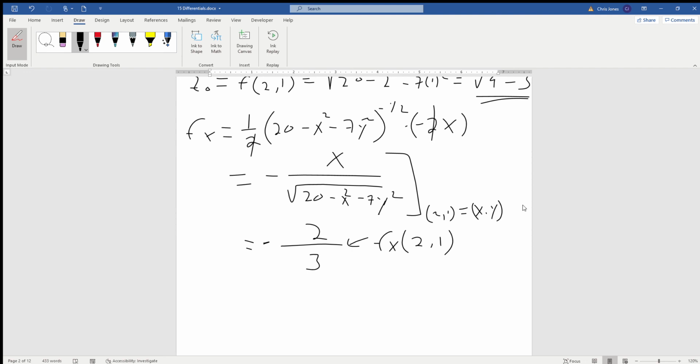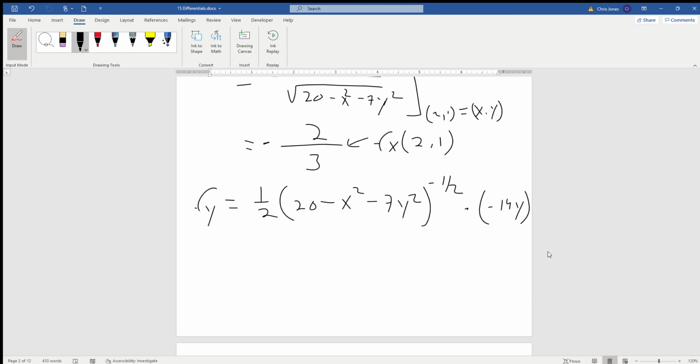Now we need the slope in the y direction. And the derivative is going to be the exact same derivative to start. So it's going to be 1/2 (20 minus x squared minus 7y squared) to the minus 1/2. But this time we're going to multiply that by the derivative with respect to y of the interior, which is going to be negative 14y.